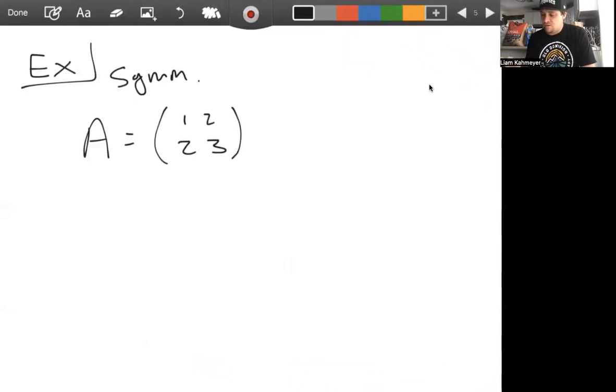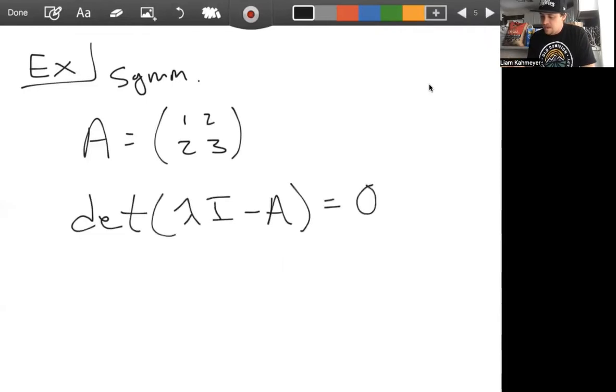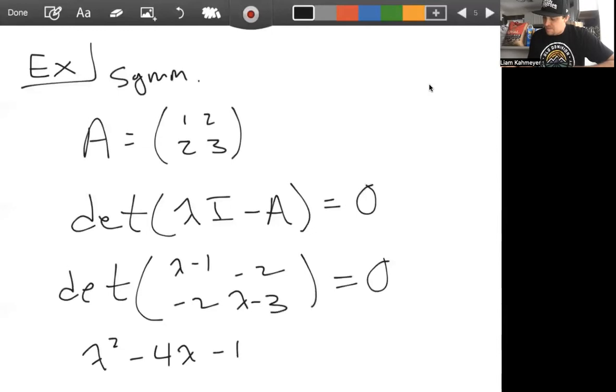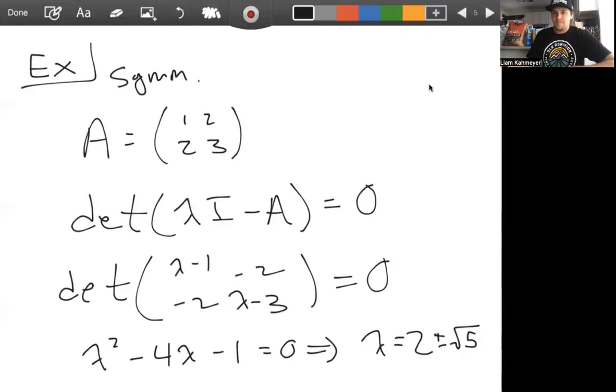Well, to find the eigenvalues, we find the roots of the characteristic polynomial, which is the determinant of lambda I minus A equal to 0. This is the determinant of lambda minus 1, lambda minus 3, and then -2, -2 equals 0. You can see pretty quickly that the characteristic polynomial is lambda squared minus 4 lambda minus 1 equals 0. This implies lambda is equal to 2 plus or minus root 5. Those are two distinct eigenvalues, both real valued.